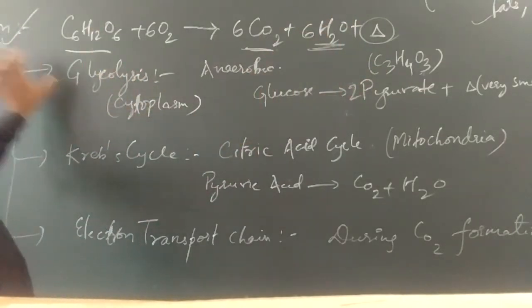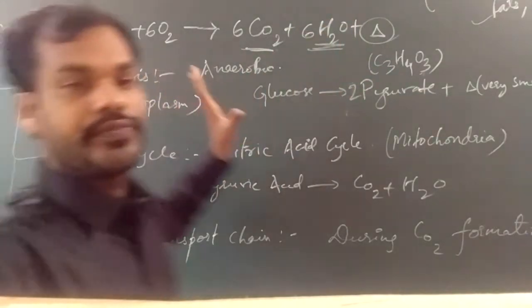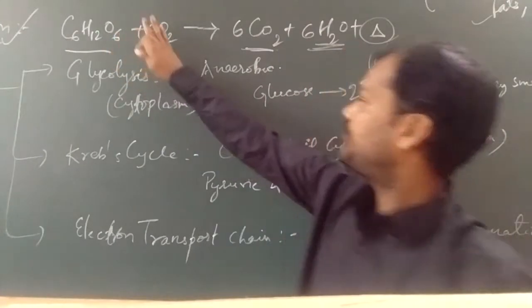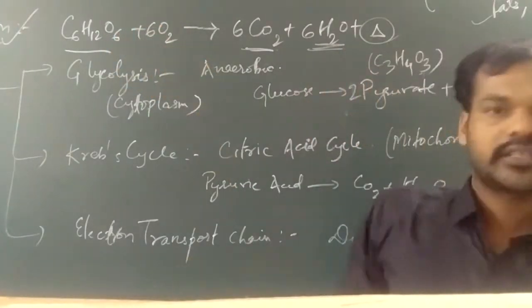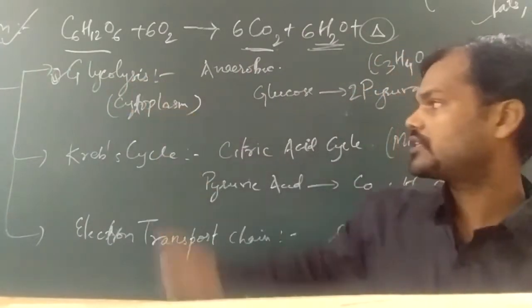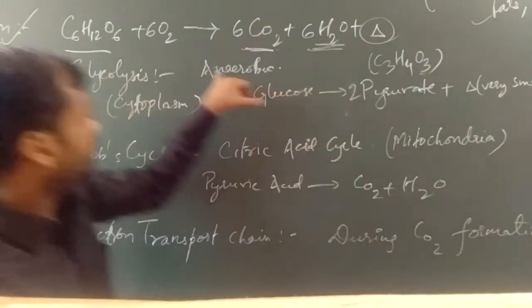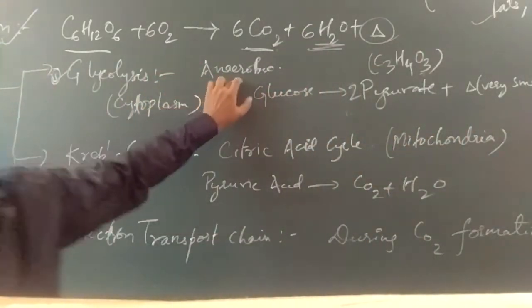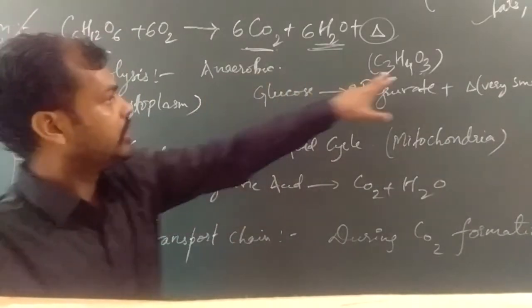Now, coming to the phases. There are three phases in the respiration process. First one is glycolysis. This is purely an anaerobic process.